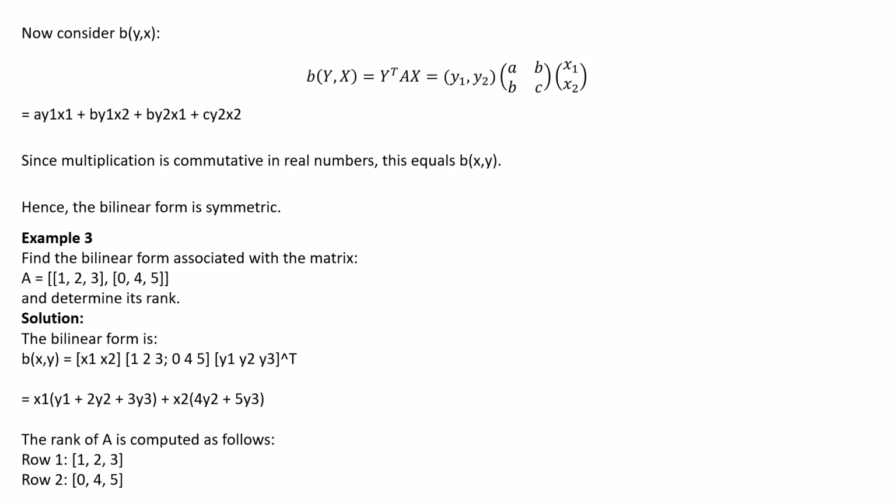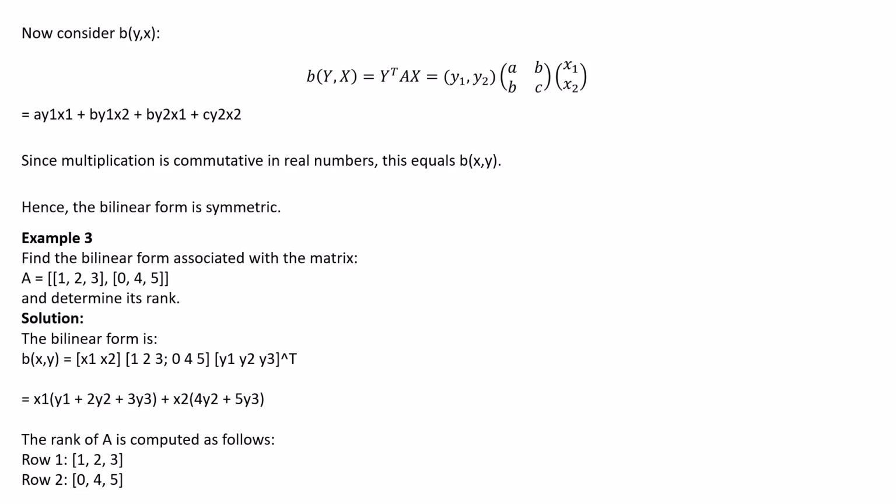You use your A to multiply your y. You will have the product as y1 plus 2y2 plus 3y3, then 4y2 plus 5y3. Then use your x1, x2 to multiply the product. So you will have x1 of y1 plus 2y2 plus 3y3, plus x2 of 4y2 plus 5y3.